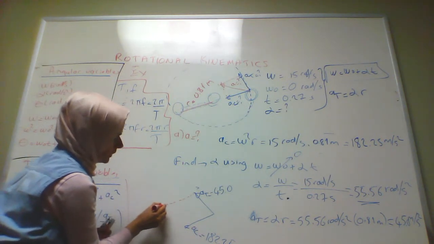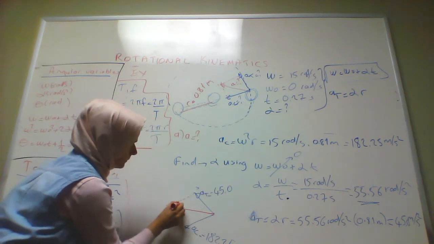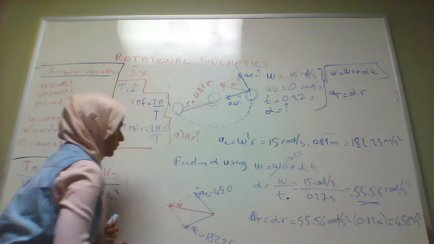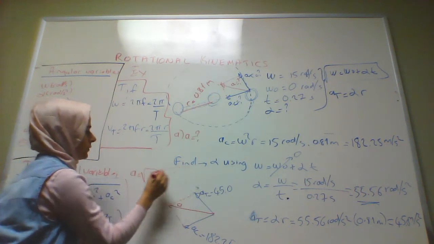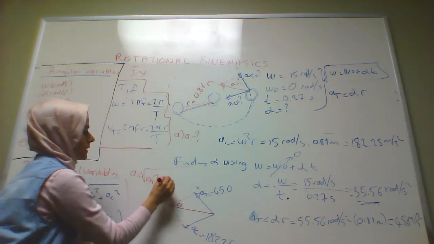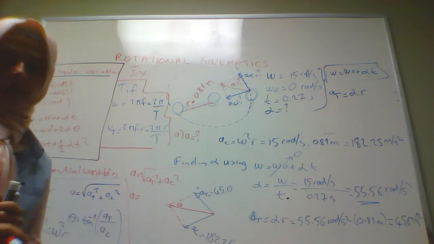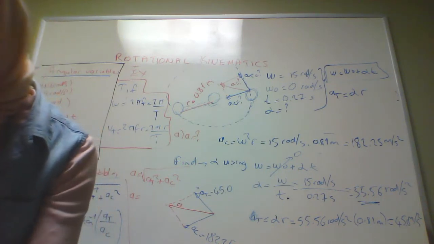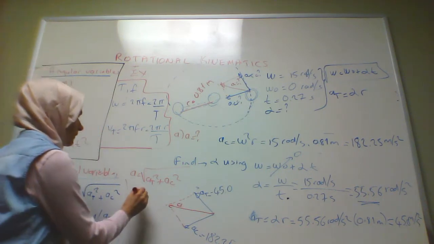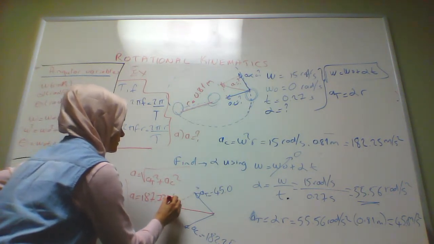I am using the parallelogram method, and this is my A. And using the Pythagorean theorem, A is equal to square root of AT squared plus AC squared. The answer to total A should be 187.73 meters per second squared.